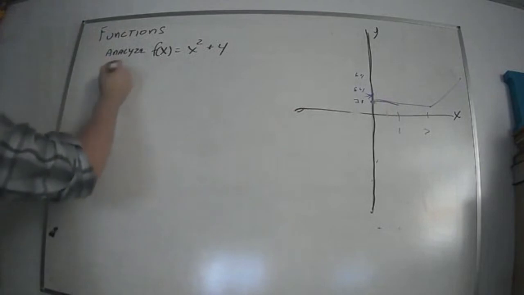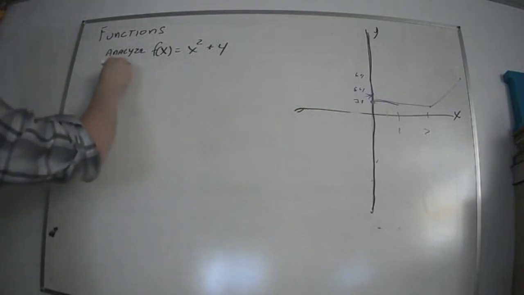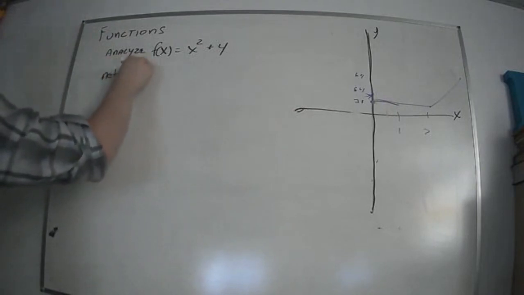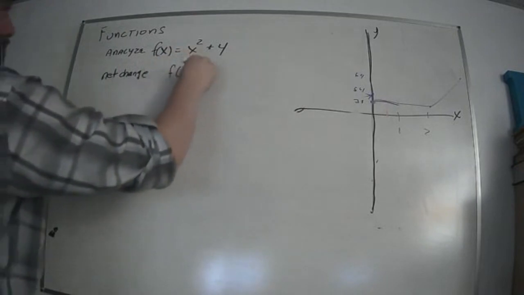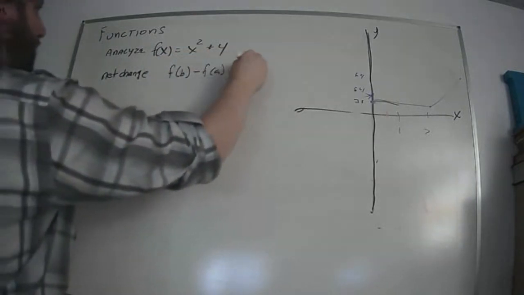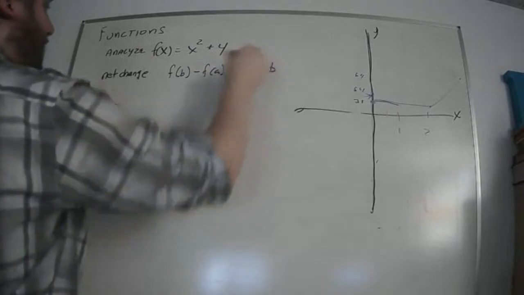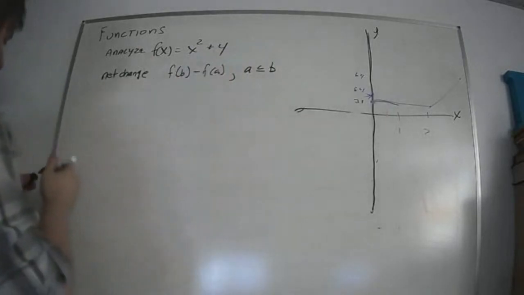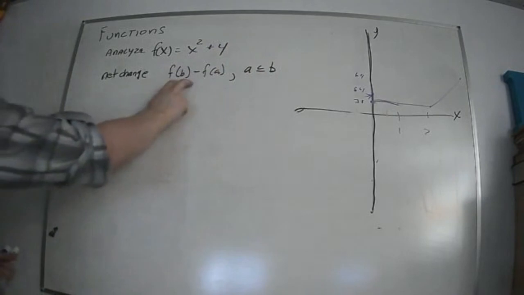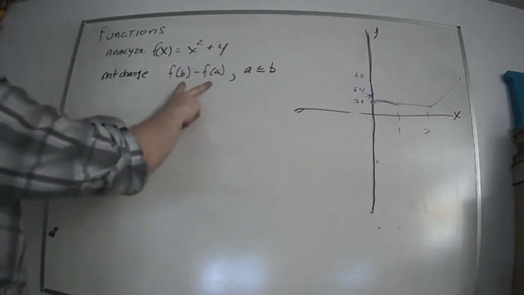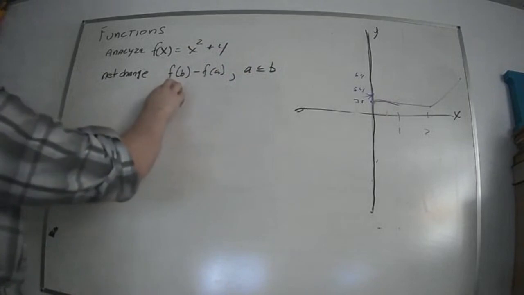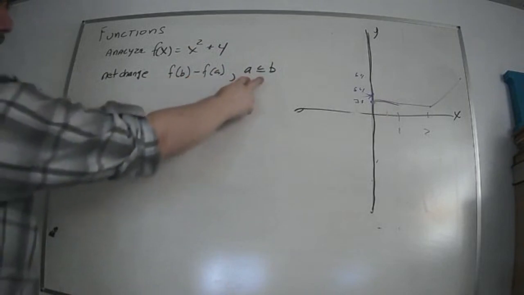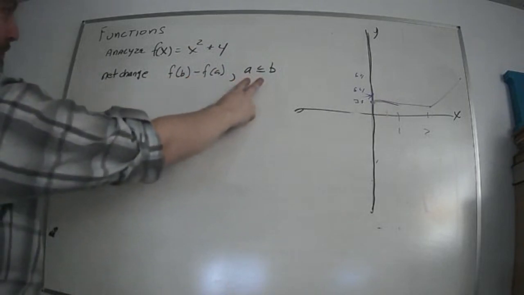So we could have, say, net change. That is to say, you take any two values on the function, and the net change is f of b minus f of a, so long as a is less than or equal to b.